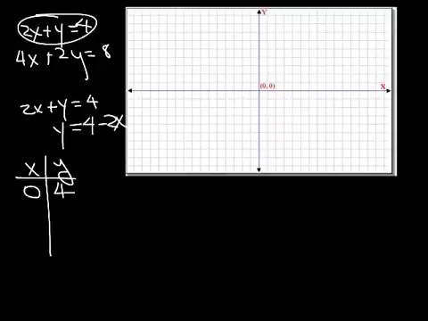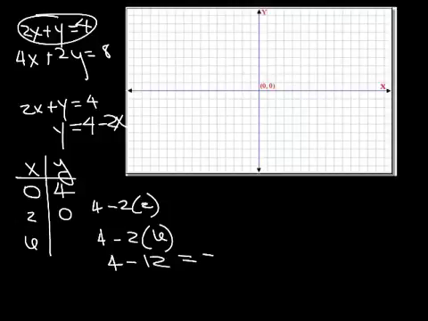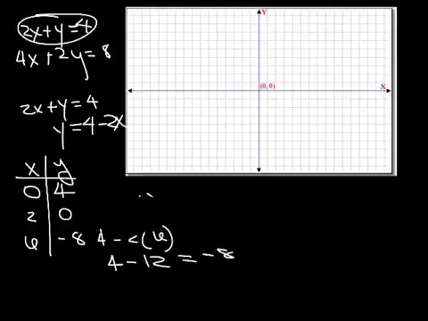When we make our x value 2, 2 times 2 is 4, 4 minus 4 is 0. Okay, and let's just do one more. Let's do 6. 4 minus 2 times 6 would be 4 minus 12, which is negative 8. So negative 8 would be the number that goes there.